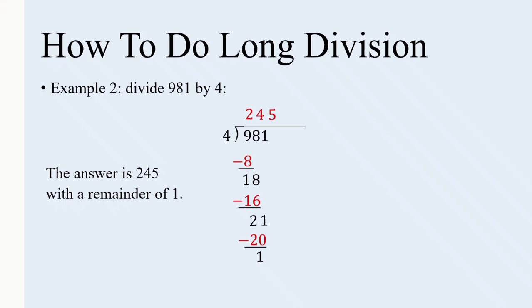Let's go through some more examples. Let's say we want to divide 2,634 by 7 using long division. Now, the first digit, which is 2, is smaller than 7, so we will use the first 2 digits, which is 26. Therefore, we divide the number 26 by 7 to get 3 with a remainder of 5. Multiplying 3 by 7 gives us 21, so we subtract 21 from 26 to get 5.